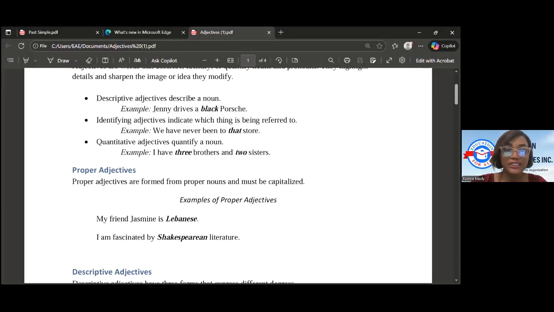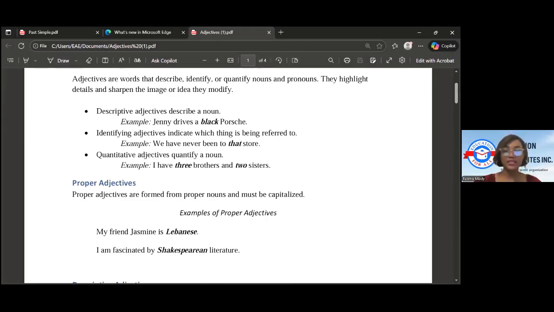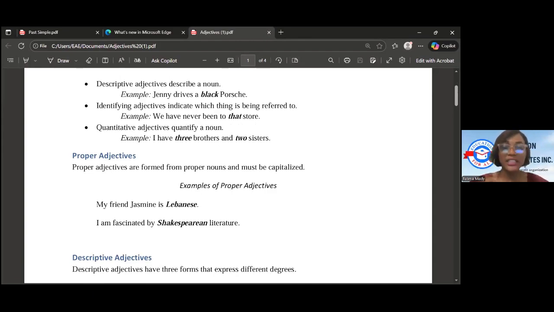Let me just share it. So here we have proper adjectives, and proper adjectives are formed from proper nouns and must be capitalized. An example is, my friend Jasmine is Lebanese. I am fascinated by Shakespearean literature. So I can say, I love Chinese food. Marie, do you love Chinese food?